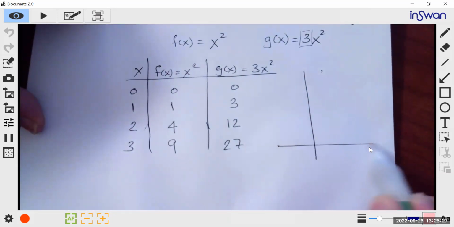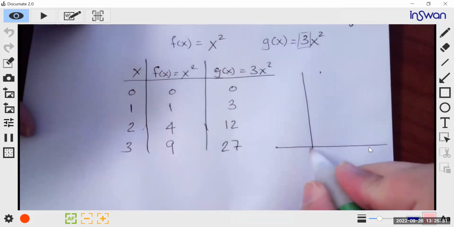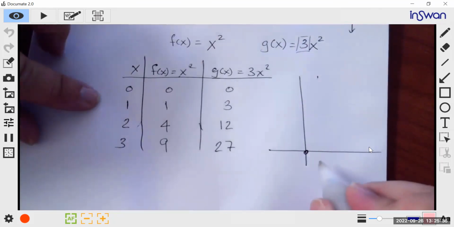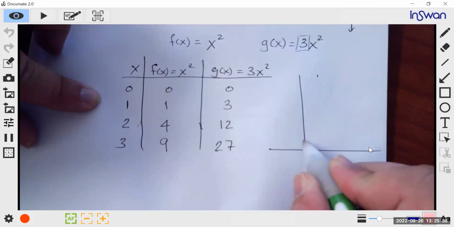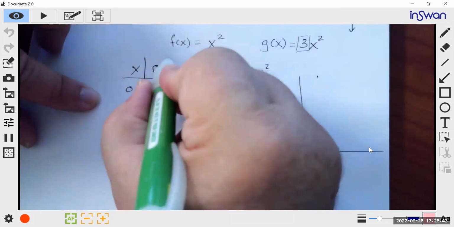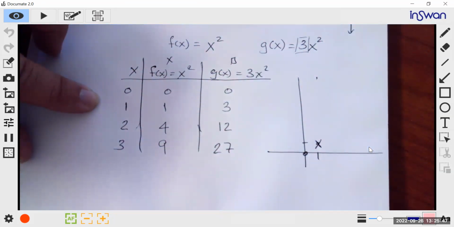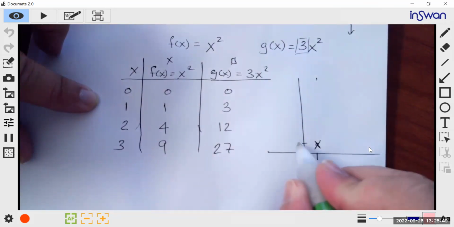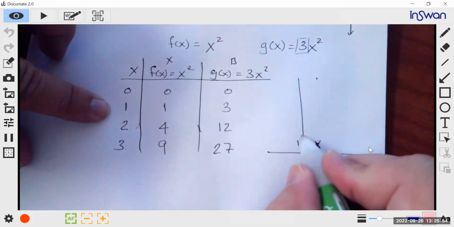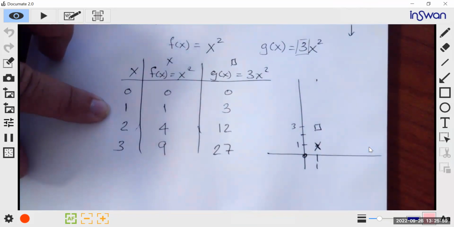So I'm only looking at the positive side because x squared is a parabola. So when x is 0, y is 0. When x is 1, f of x is 1 and g of x is 3.